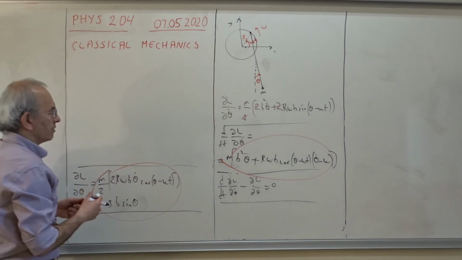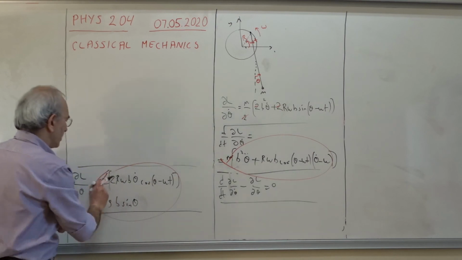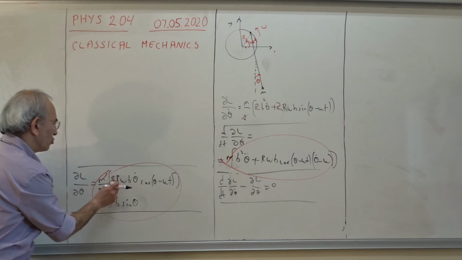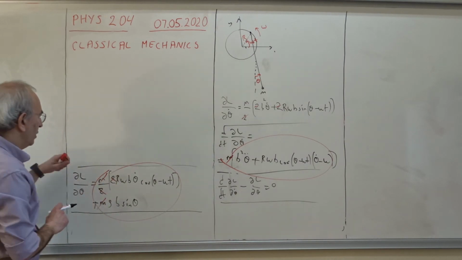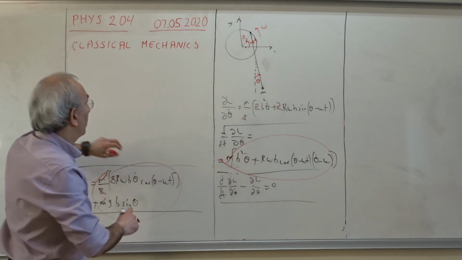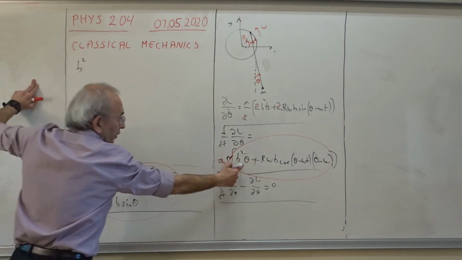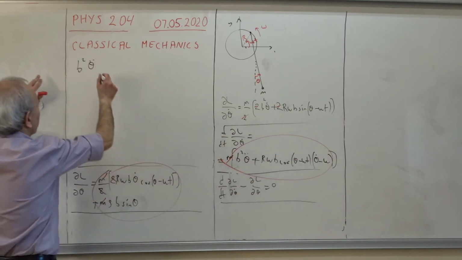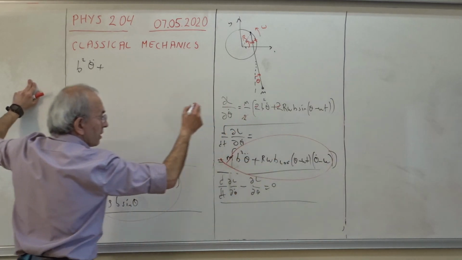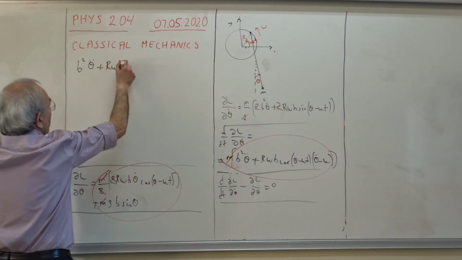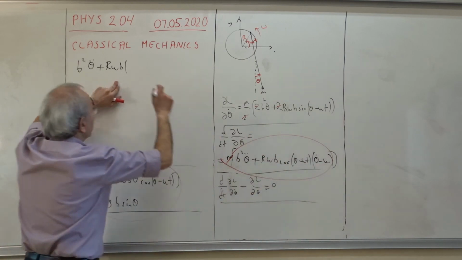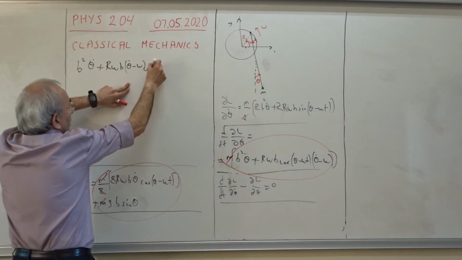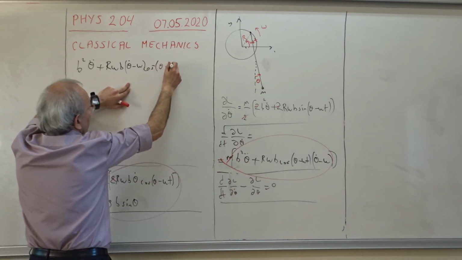So cancel the m's. Everywhere there's an m, so forget about these m's. We don't write them anymore, and these 2's have already cancelled. So this term b squared theta double dot, plus the rest, plus r omega b multiplied by the last part, theta dot minus omega, multiplied by the cosine term, cosine theta minus omega t.